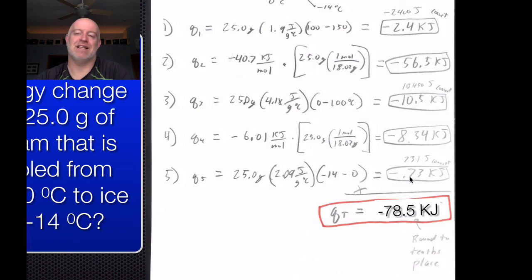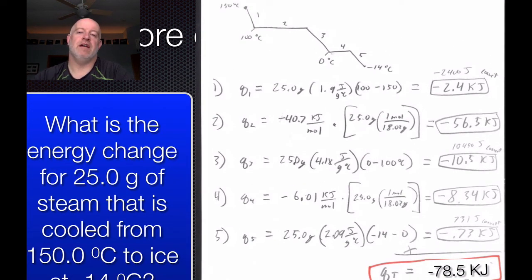Rounding back to the tenths place because this value has the least precision, we get negative 78.5 kilojoules of energy. Often students ask me: wouldn't it be easier to do a single temperature change from here to here, do one Q for the whole range, and then just add in the flat lines?